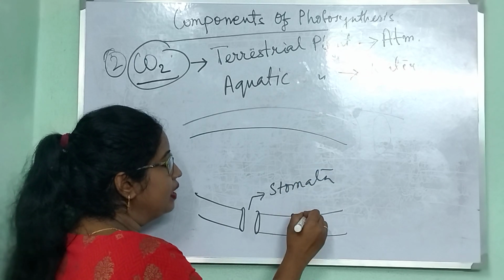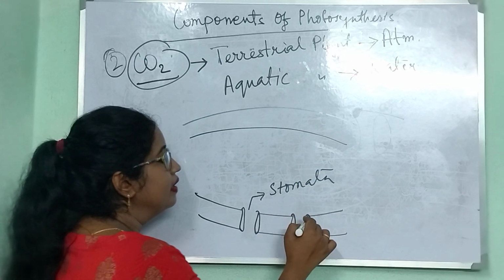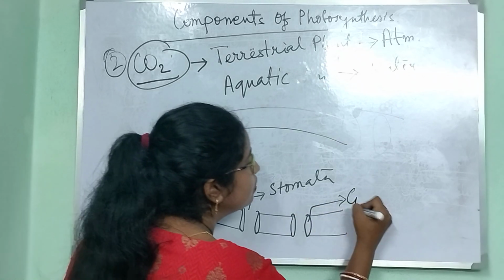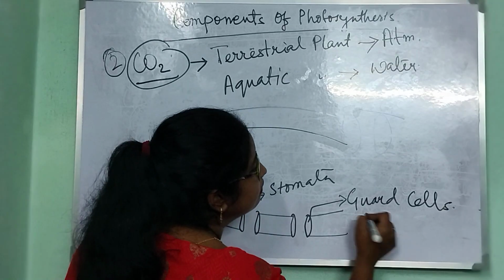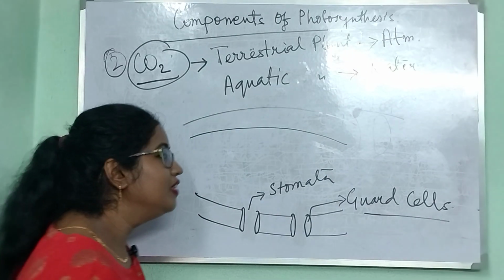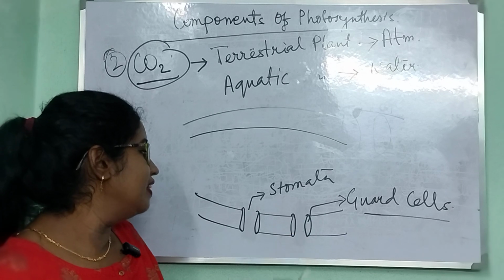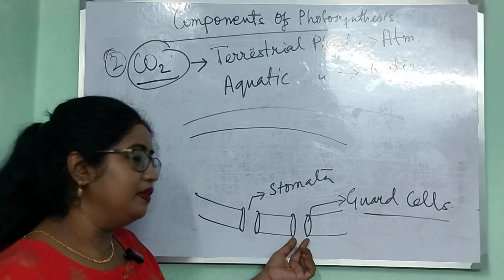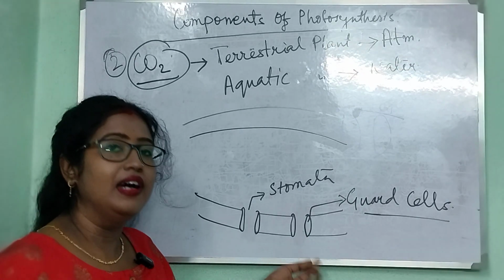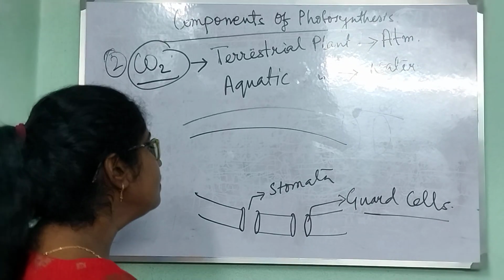The stomatal pore is guarded by cells known as guard cells. We all have guards in our colony. So the stomatal pore is guarded by cells known as guard cells.